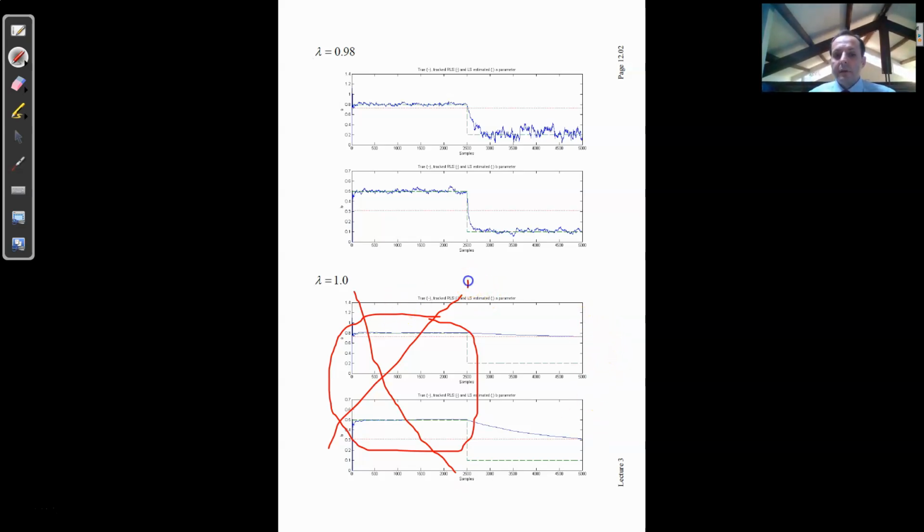You include the new data, but of course you are also considering the past data, which are no longer valid. That's why the classical least square fails when there is a change in the parameters.